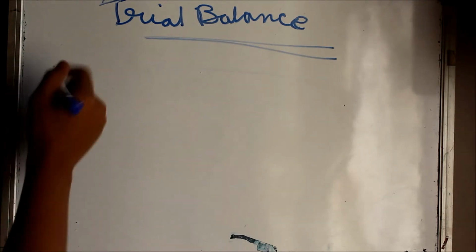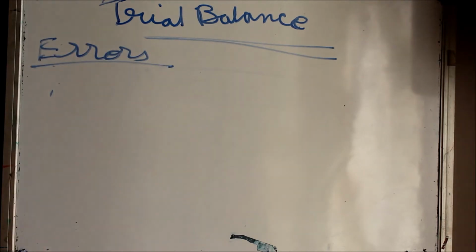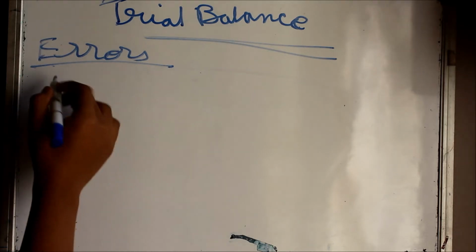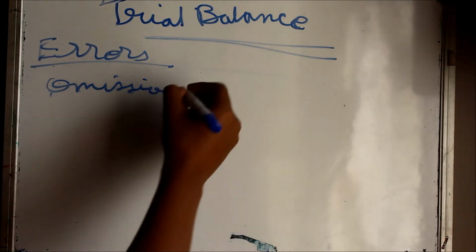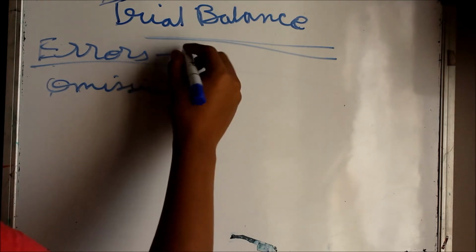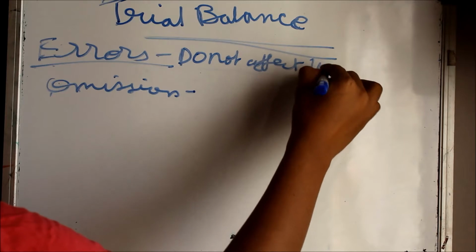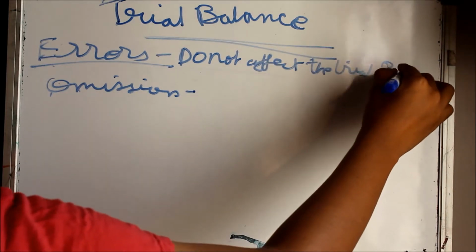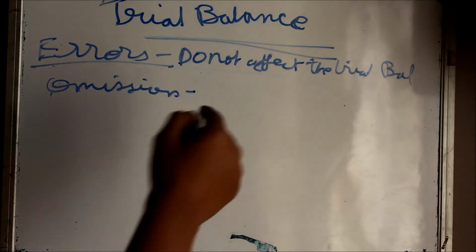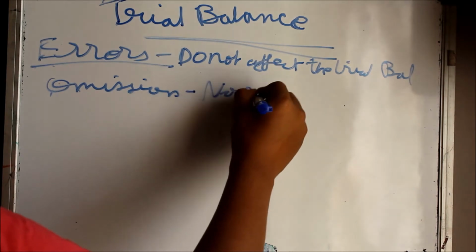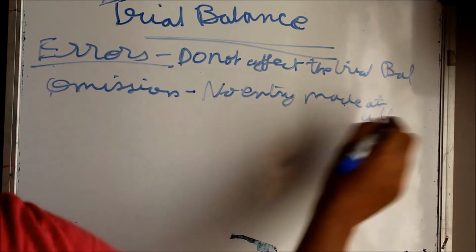There are basically 6 types of errors. Error of omission, which means that there has been no entry made at all. These errors do not affect the trial balance.